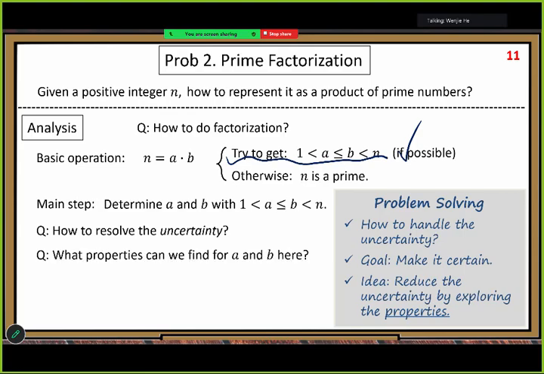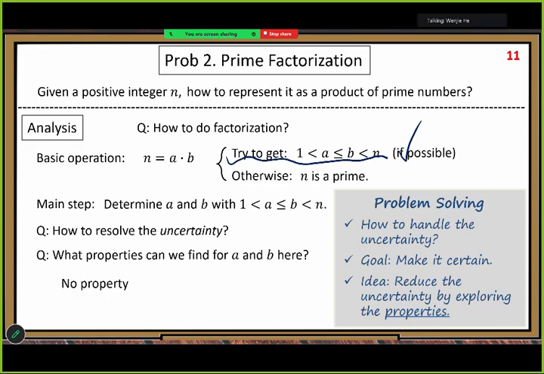What properties can we find for A and B? Because we want to reduce uncertainties, we need to find some properties to help us.